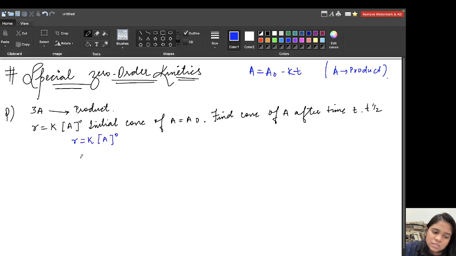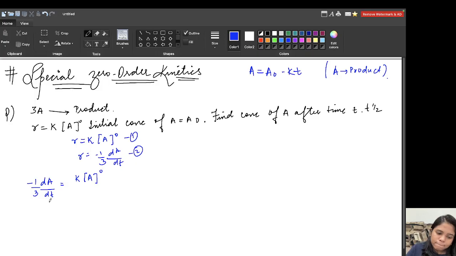R is equal to this. R is equal to minus 1 by 3 dA by dt. We equate these both, and what are we going to get? Minus 1 by 3 dA by dt will be equal to K A naught. Integrate both the ends. Take your 3 with a minus sign there only.